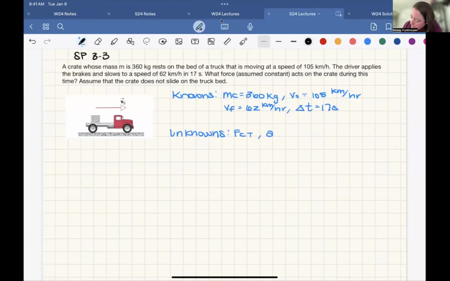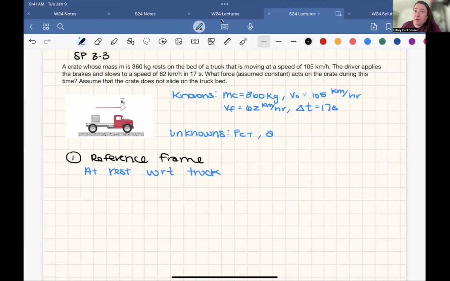So let's go through those steps again. First step was the reference frame. We are going to choose a frame that is at rest with respect to the truck.